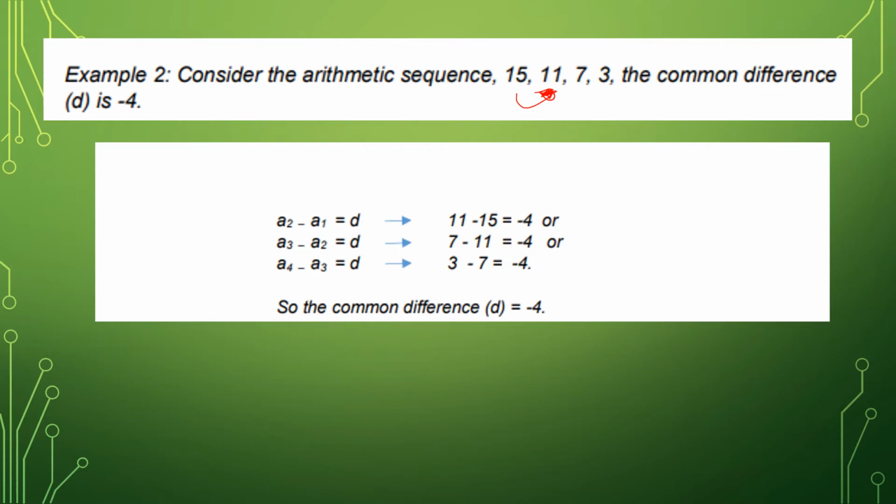We can also use 11 and 7 by subtracting 11 from 7. We can also use 3 and 7 by subtracting 7 from 3. So, in this case, 11 minus 15 is equal to negative 4. 7 minus 11 is equal to negative 4. 3 minus 7 is equal to negative 4. So, the common difference is negative 4.